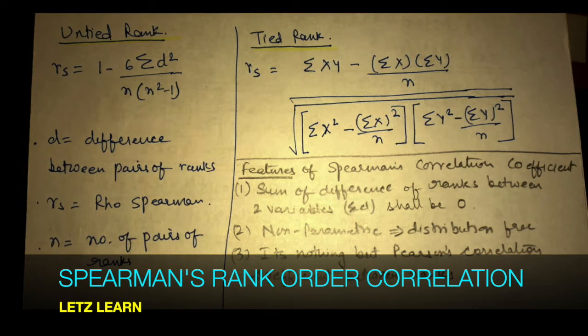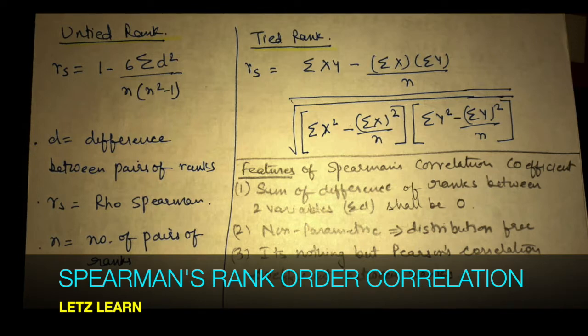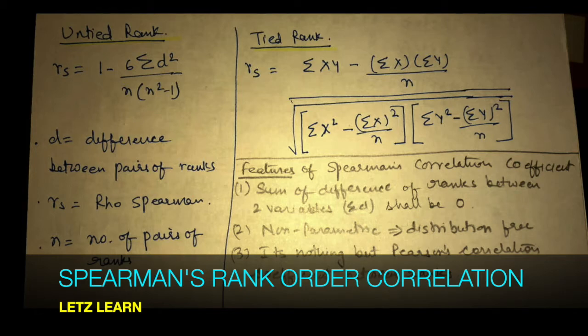Non-parametric is equal to distribution free, so it's a non-distribution method. It's nothing but the Pearson correlation coefficient between ranks. So it's the same method as Pearson, but it's calculated through ranks. That's why it's a non-parametric method.